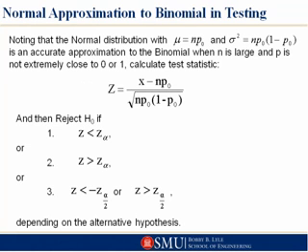So for a large sample size, what we're going to be doing is using the normal approximation to the binomial in the hypothesis testing. And again, the section in your textbook, you can go back and refer to it, but with large n, you can use the normal distribution as a good approximation of the binomial distribution.